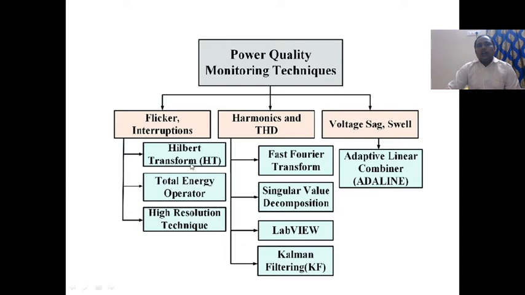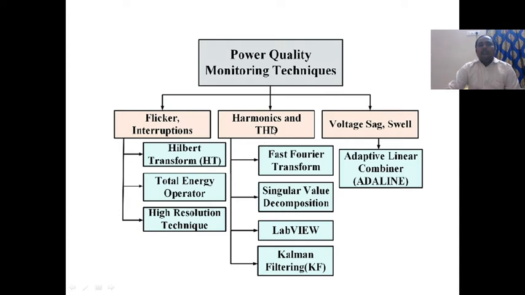This can be analyzed by using the Hilbert transform HT, or total energy operator, or high resolution technique. We use these three techniques for analyzing flicker and interruptions. Second one is harmonics and total harmonic distortions.